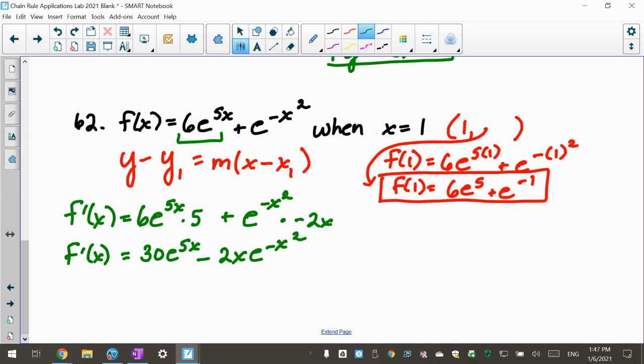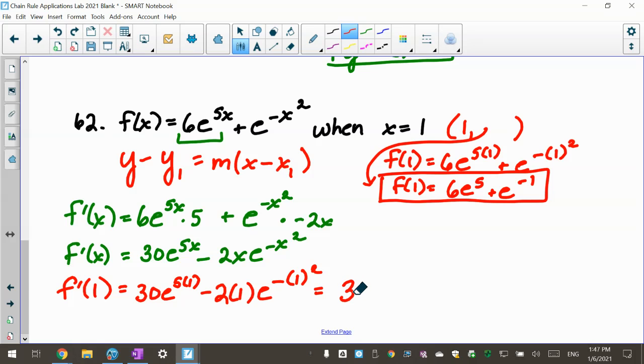Now I want to plug in the 1 to find out what the slope would be there. So when I plug the 1 in, f prime of 1 is going to equal 30 e to the 5 times 1 minus 2 times 1 e to the negative 1 squared. So when I get done writing that, this isn't much prettier.